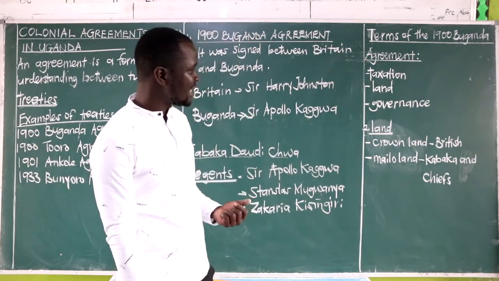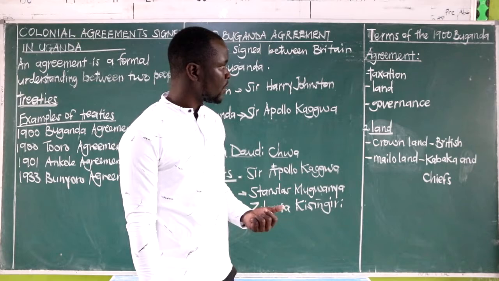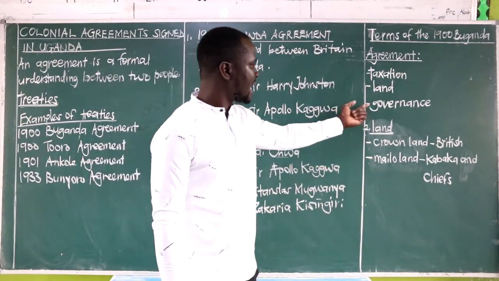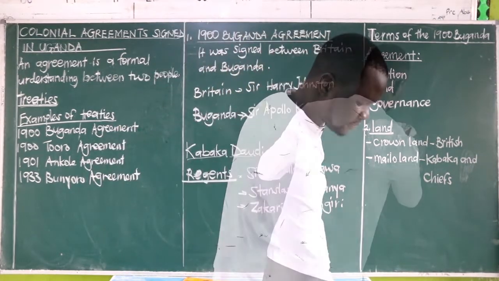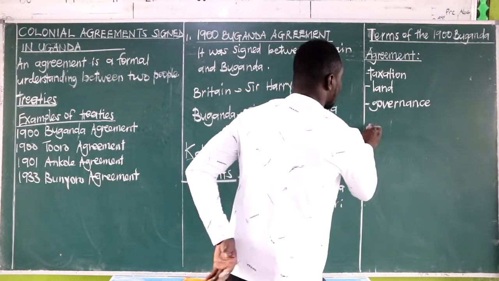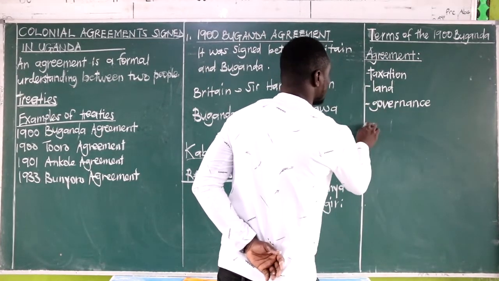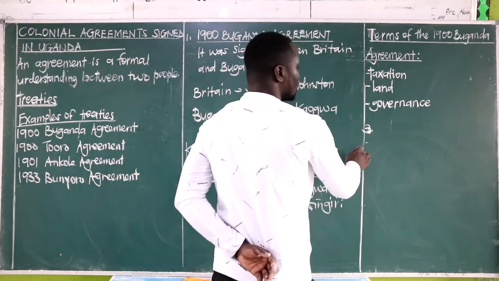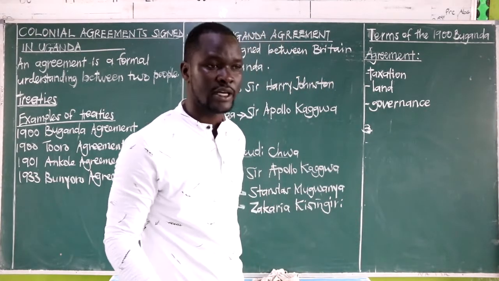Now we are going to look at the third, which is the last term of this 1900 Uganda agreement, and that is under governance. So this is going to be our term 3. I don't mean the other terms of yours, term 1, term 2, term 3, holiday, we go home.